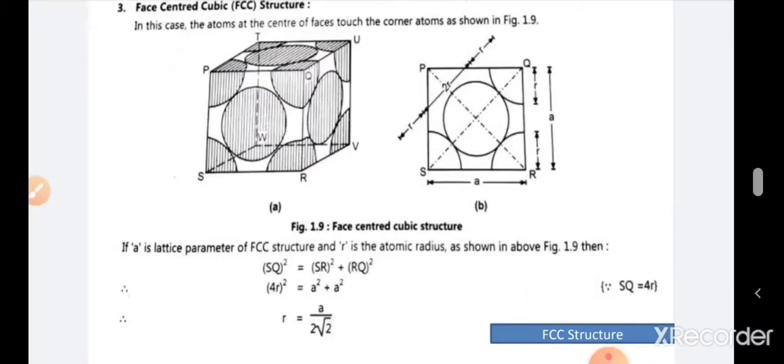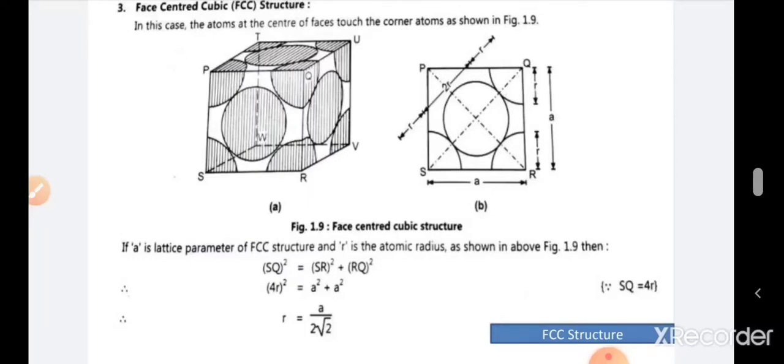So we get the next line, 4R square, which is the value of SQ square, is equal to SR square's value A square plus RQ square's value A square, that is 2A square.